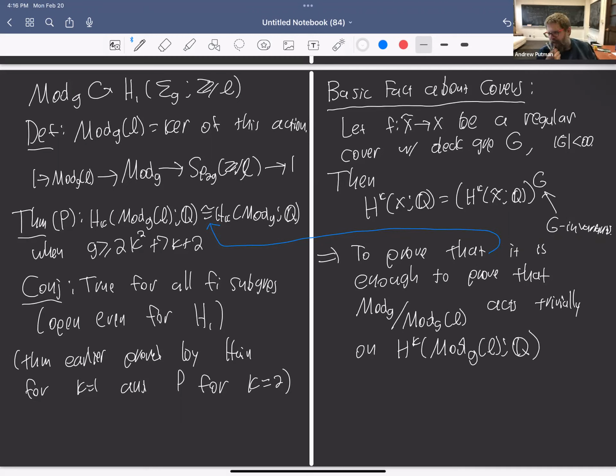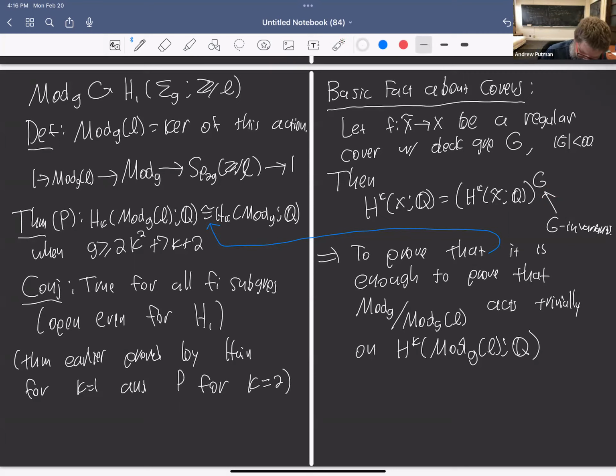If you could show that action was trivial, then when you pass to invariants, you don't actually do anything. Everything is invariant. And in fact, it's not just enough to prove that, these two statements are literally the same statement. Okay. And so that's what we have to show.